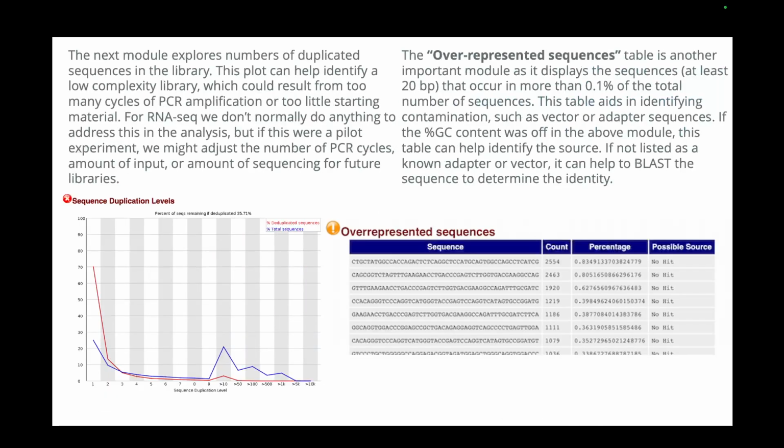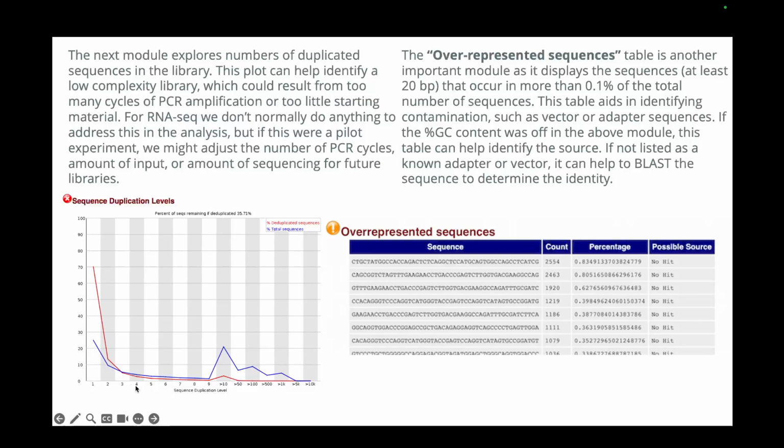Moving on. Next, the plot it will generate is the sequence duplication levels. You can identify a low complexity library, which could result from too many cycles of PCR amplification or too little starting material. It will tell you how many duplications are present in your sequences.